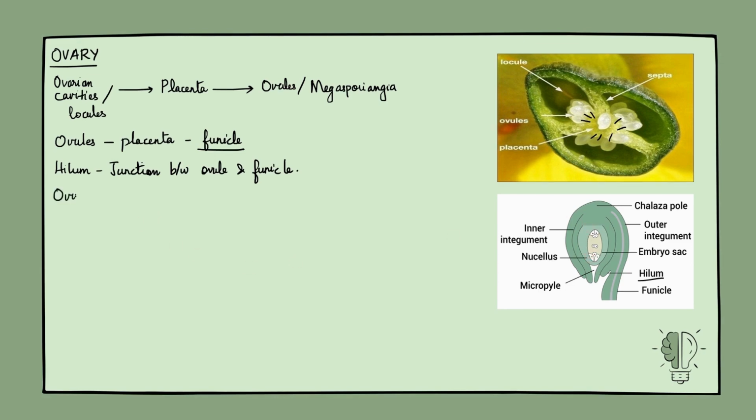So we've learned that the ovule is protected by two integuments, the outer integument and the inner integument. Right.